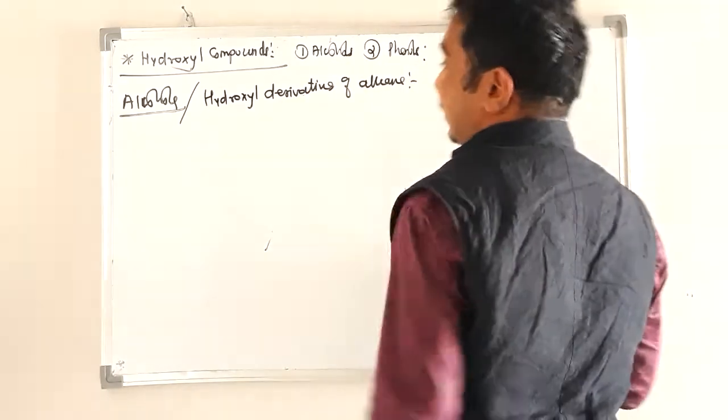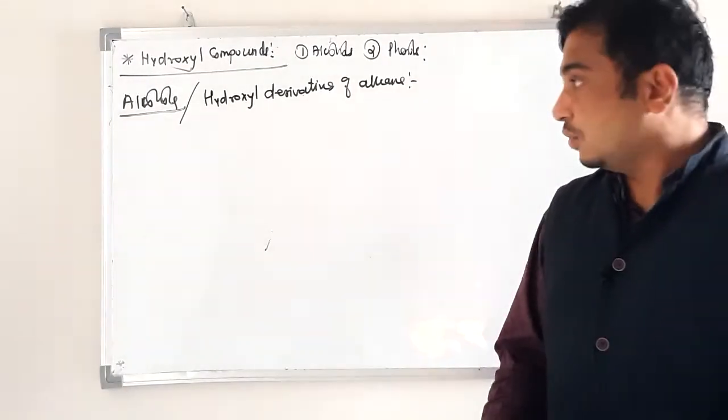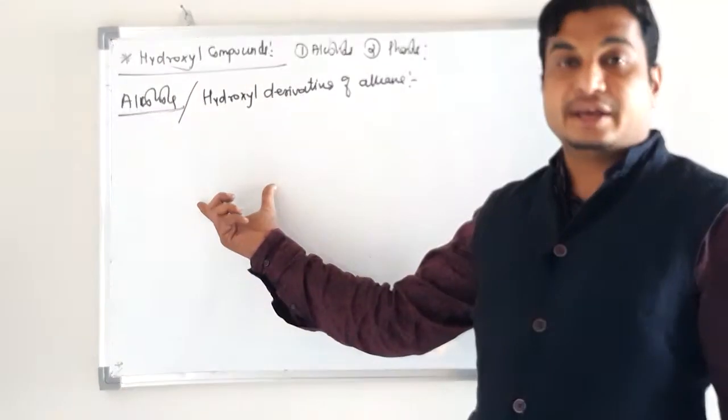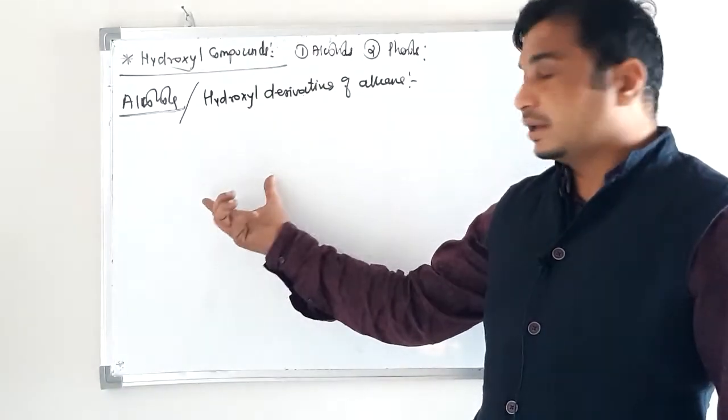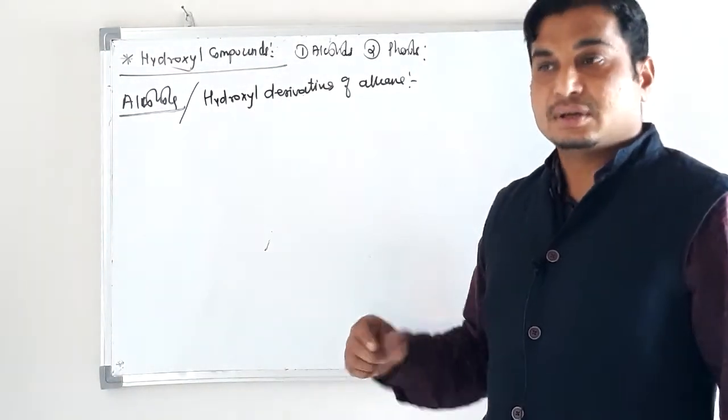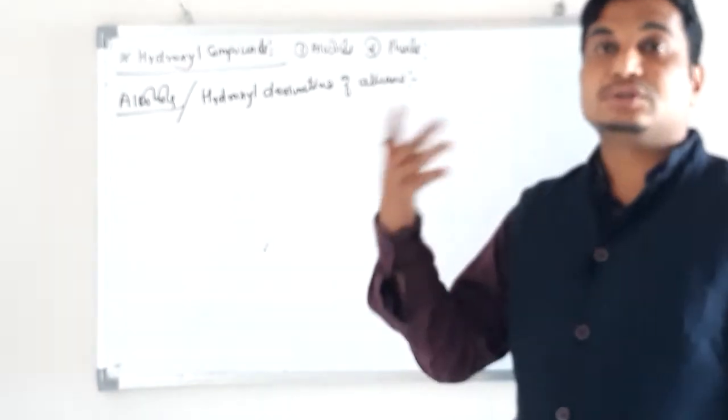Hydroxyl derivative of alkane, or alcohols, means what? We have to consider an alkane, and from that alkane we have to replace one or more hydrogen atoms from different carbon atoms. I will explain what this means.